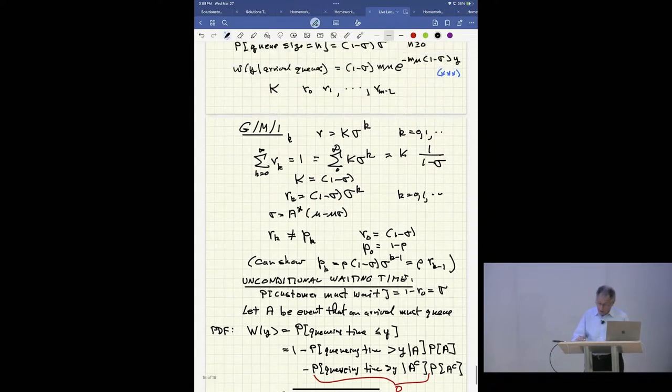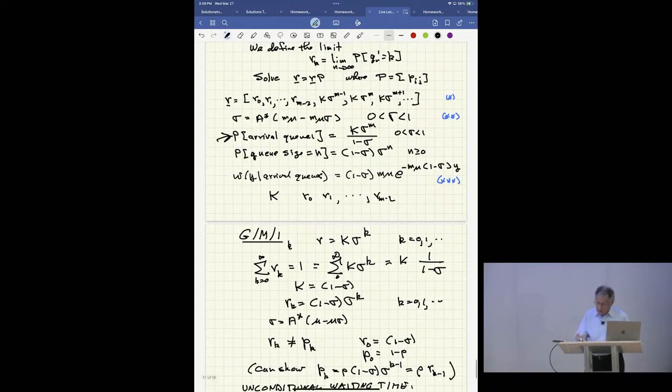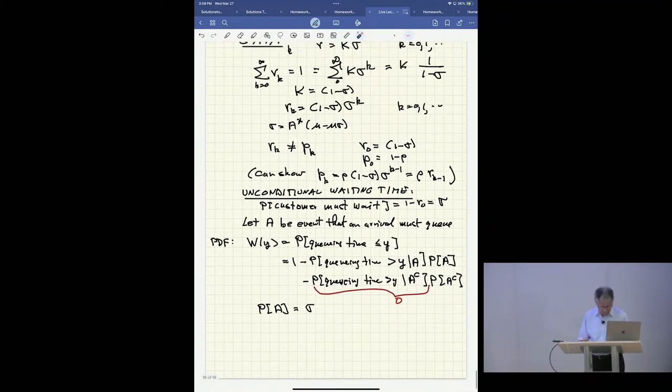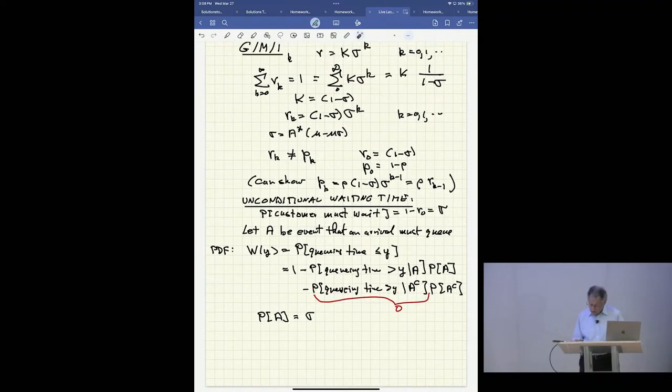Now, we already know from this expression here the density of the waiting time, given that you must queue. I'm talking about the distribution, so I have to integrate that and take 1 minus and put m equal to 1. When I do that, this term here is given by 1 minus the integral of what I just showed you.